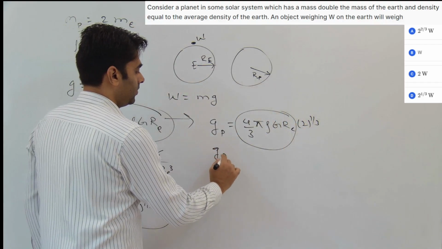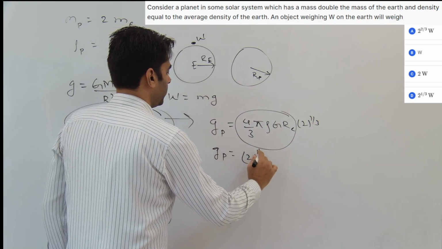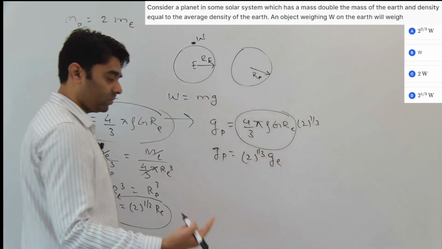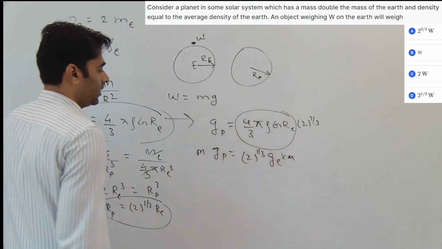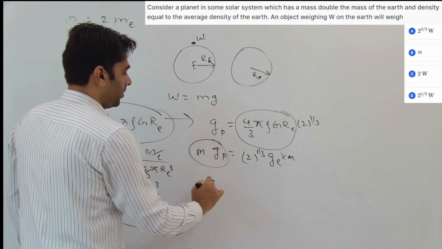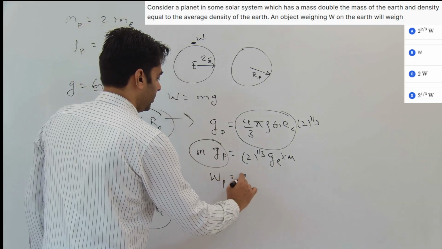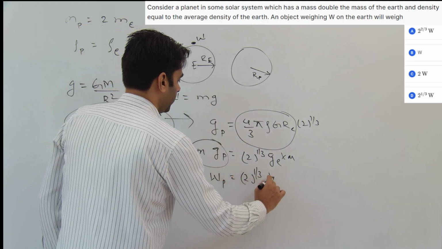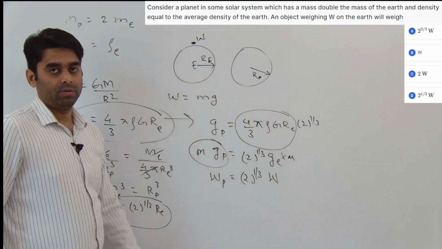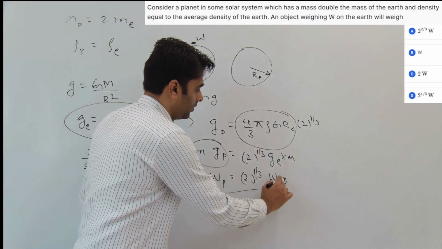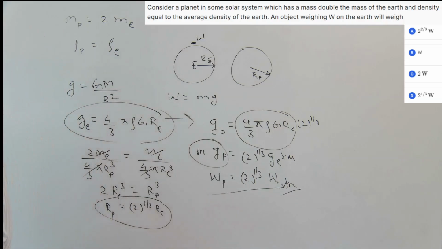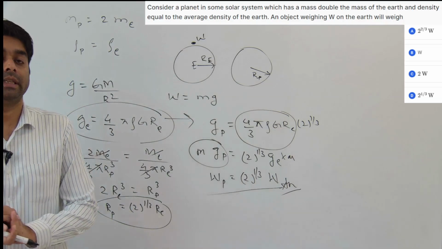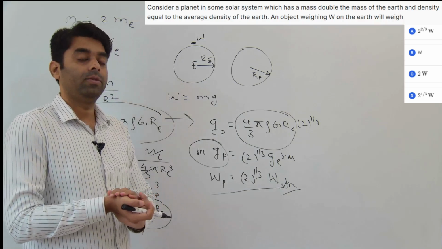So gp is equal to 2 power 1 by 3 g on Earth. The mass is the same, so the weight on the planet will be 2 power 1 by 3 times the weight on Earth, which is W given to us. Checking the options, option D is our correct answer, 2 power 1 by 3 into W.